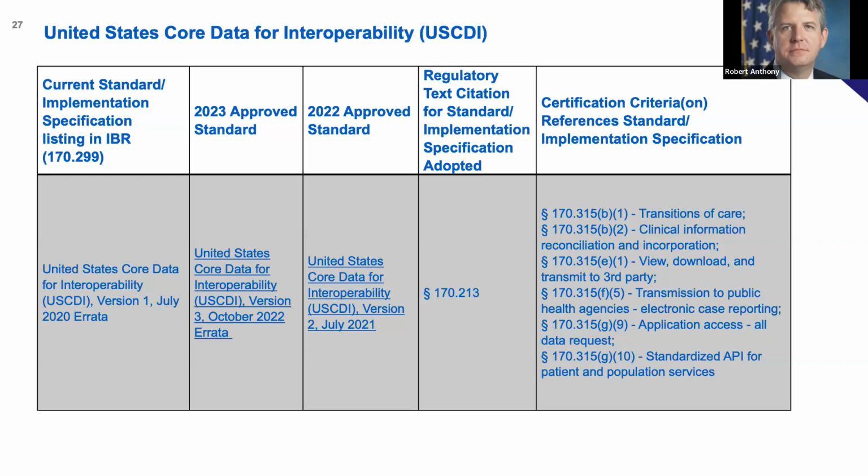And then there's a question about how SVAP works for certifications with inherited certified status. It essentially works the same way as anything. An inherited certification status allows you to get certified to the next version. I think we clarify some of this in our SVAP documents, but sorry, I'm reading and responding at the same time. If you're inheriting all of the previous certified criteria, would you be allowed to inherit using US CDI version 2?